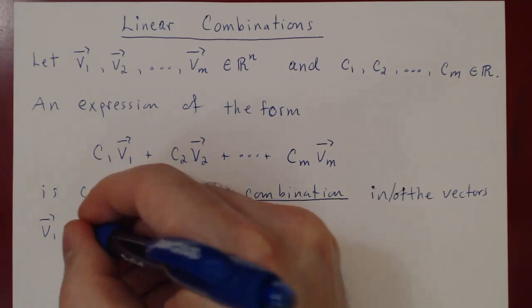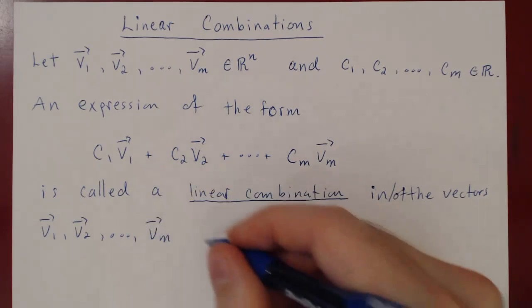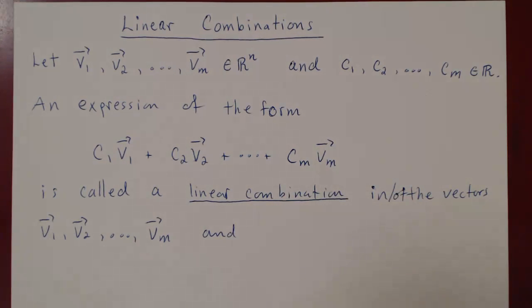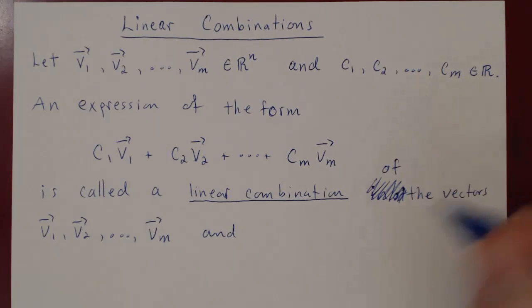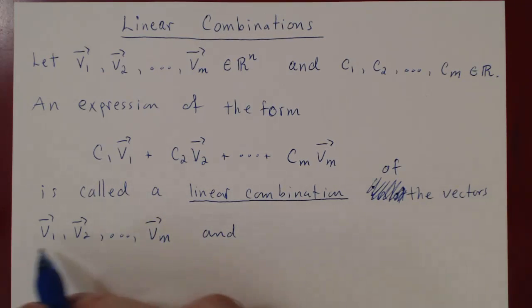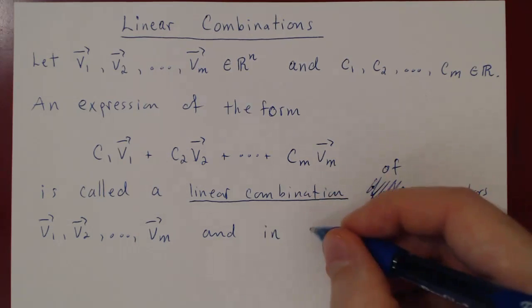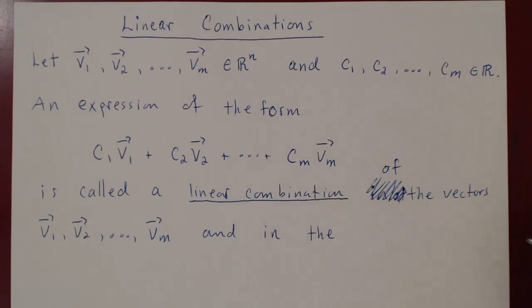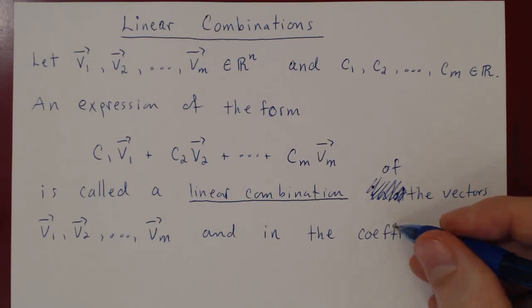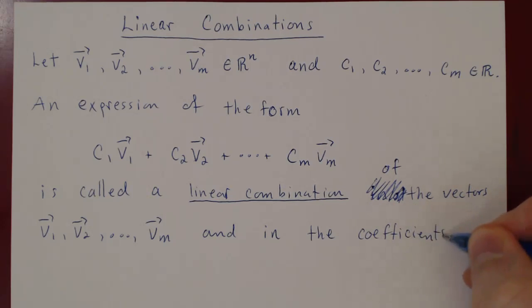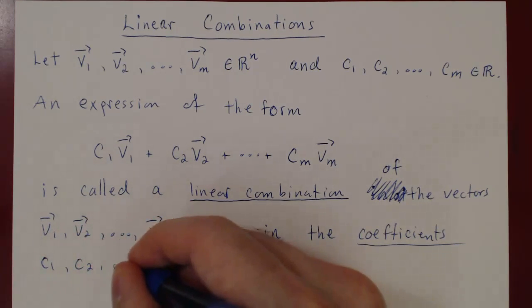I should say actually a linear combination simply of the vectors v1, v2 through vm, and in the coefficients c1, c2 through cm.